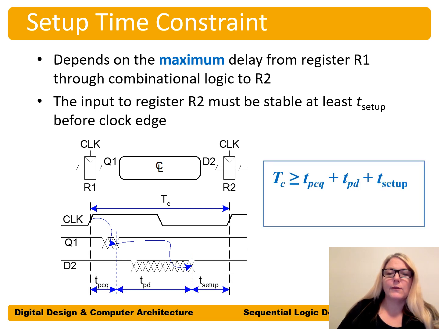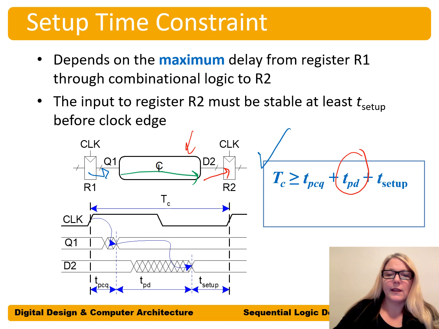And so we have our cycle time has to be greater than or equal to the propagation clock-to-Q time to get out of register 1, plus the propagation delay, TPD, plus the setup time to get into register 2. We can rewrite this in terms of propagation delay, because that's what we have control over, right? We have control over the design of the combinational logic as a digital designer.